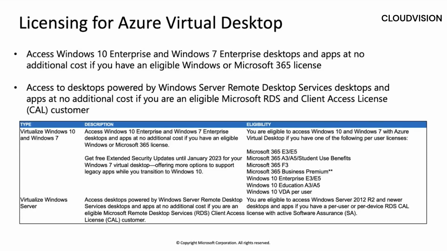Similarly, access to the desktops by using Windows Server Remote Desktop Services is at no additional cost if you have the Microsoft RDS licenses as well. So overall, if you have Microsoft 365 subscriptions and RDS licenses, you can use those licenses at no additional cost. This is one area which should be taken care of.